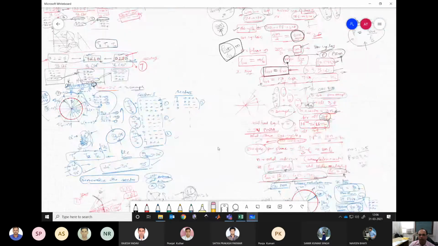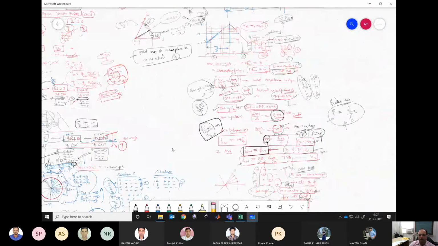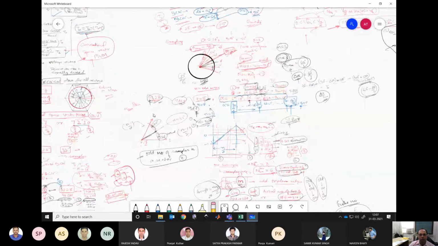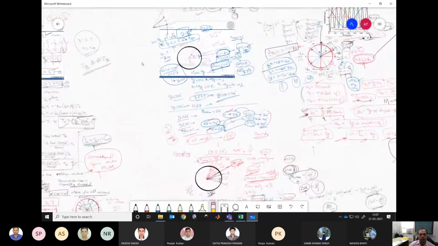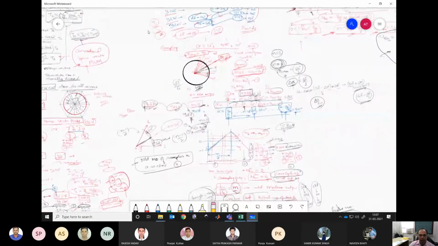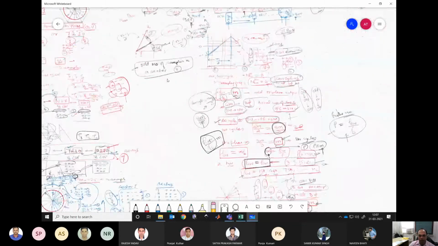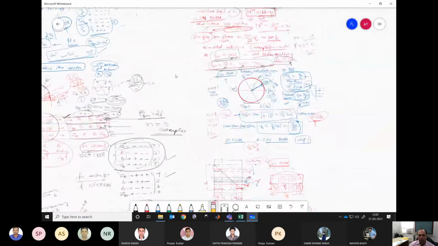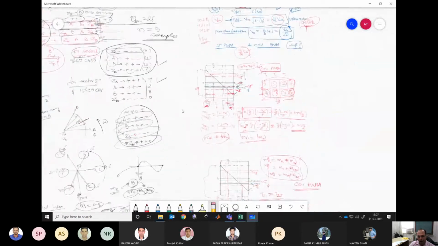Then we tried to understand how switchings are taking place in sine triangle PWM and then the space vector PWM. Then what is the relation between the pulse number and our number of samples or the carrier frequency.